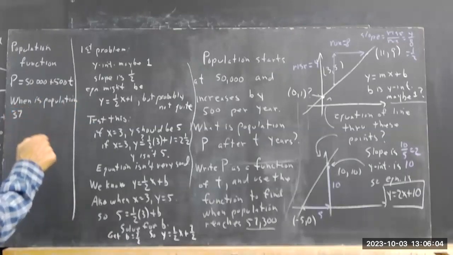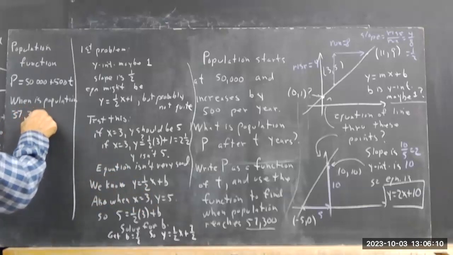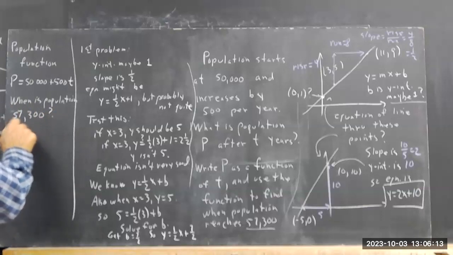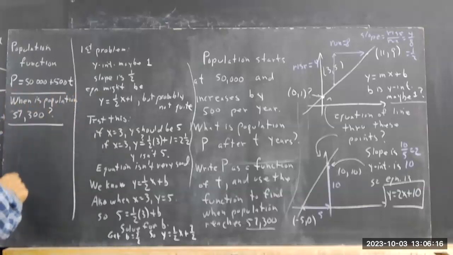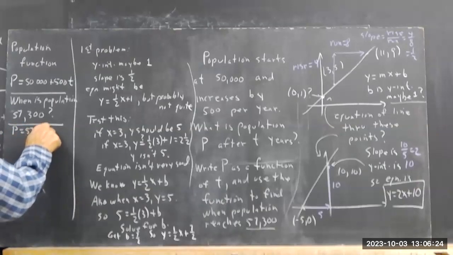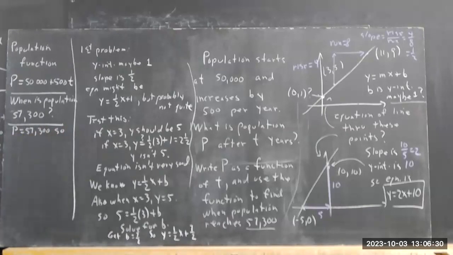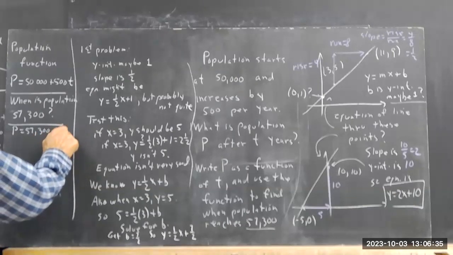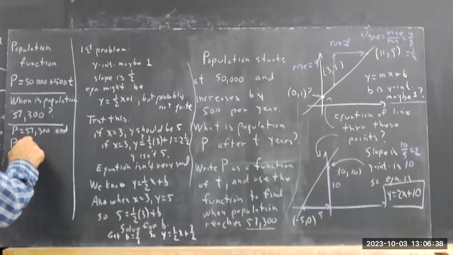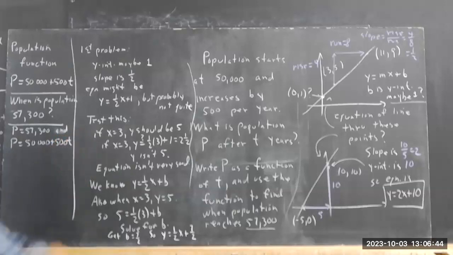Now, with 50,000, 57,300. Well, P is a population, it's 57,300. Okay. And P equals 50,000 plus 500 t.